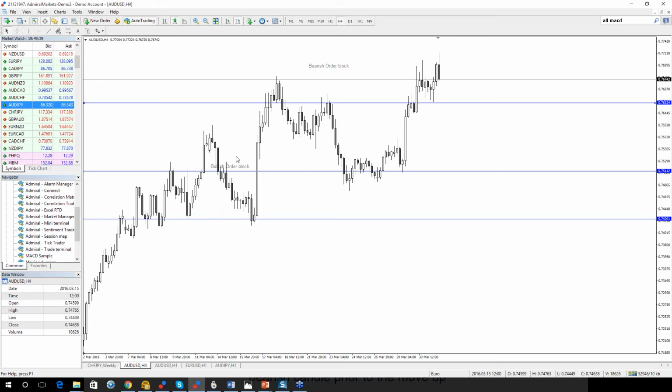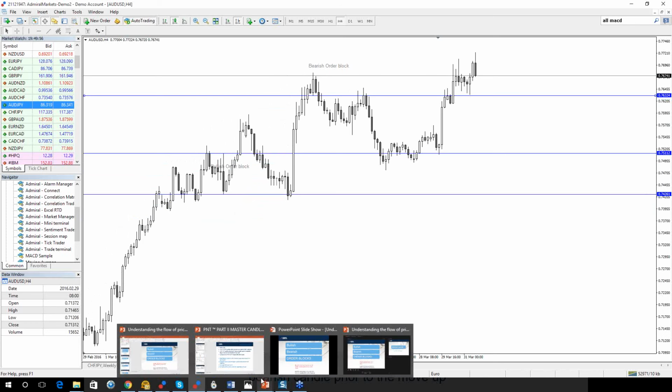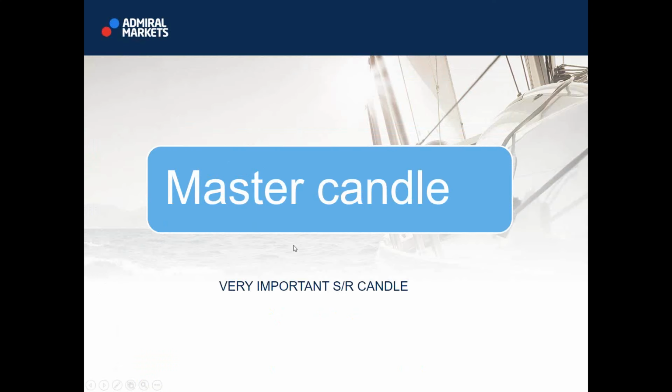So you have 3 qualifiers: a bullish order block potential, basically an uptrend here, and a master candle. Now, having said this, we need to move on to the master candle, which is a very important support and resistance candle.